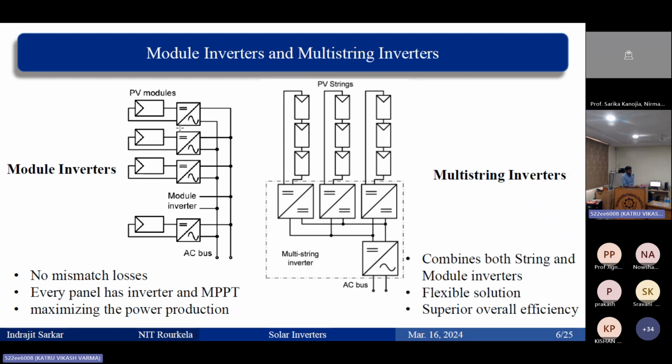This is for solar inverters. In industry, when I did my internship at Tata Motors, in 2004, I saw that in some department they were using several motors.